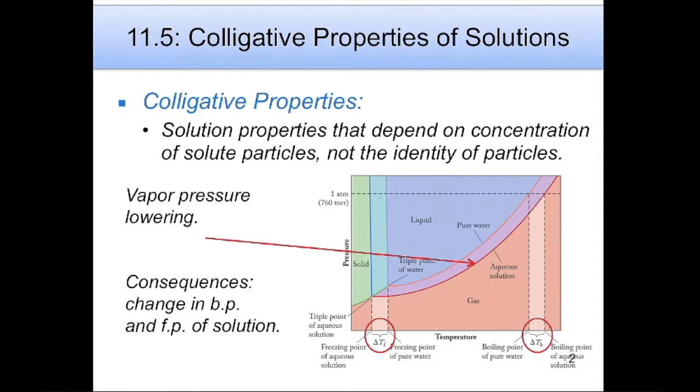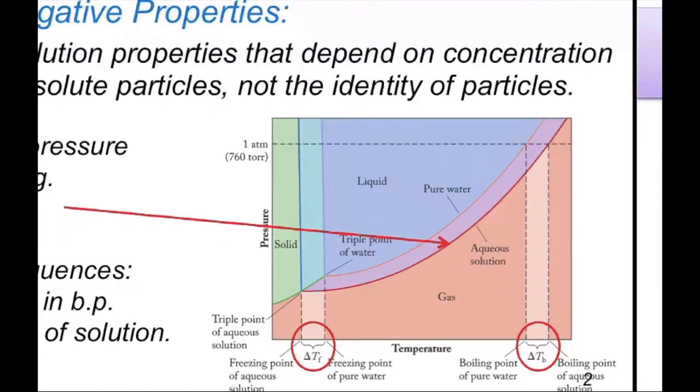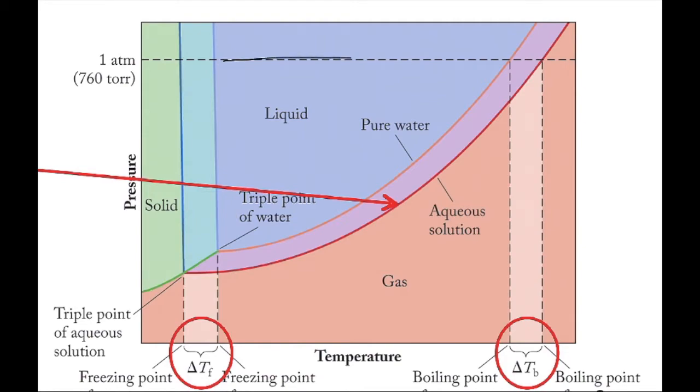But what are the consequences of colligative properties, or dissolving a solute in a solvent? There is vapor pressure lowering, and that can change both the boiling point and the freezing point of a solution. So if we look at this phase diagram, and if we look at the 1 atmosphere line, notice that the original boiling point was right here, at this temperature.